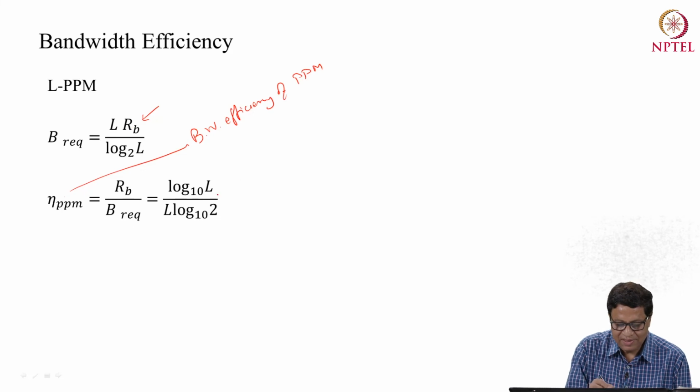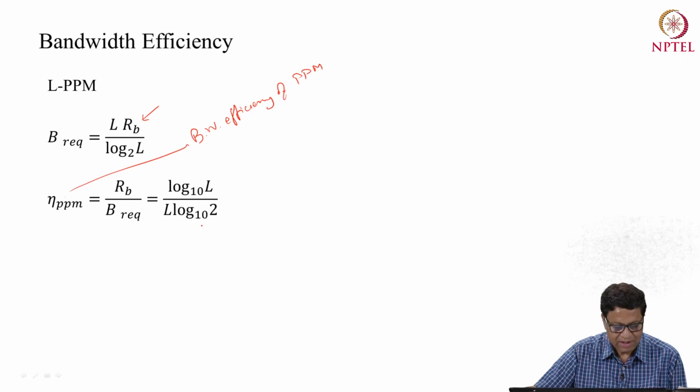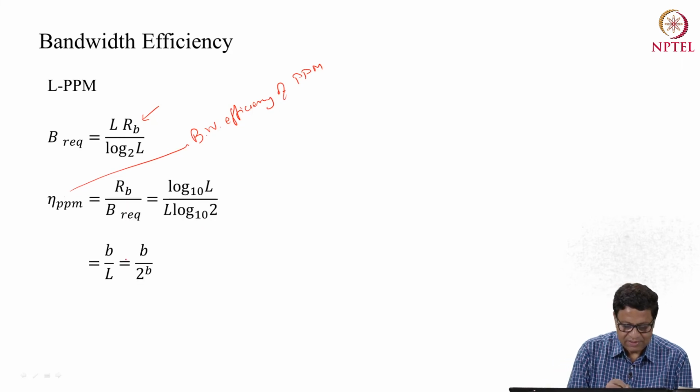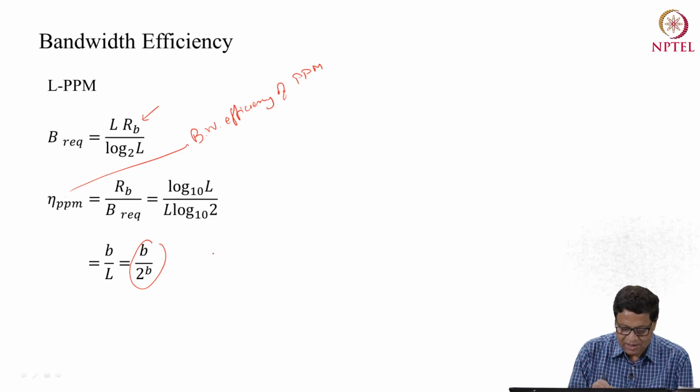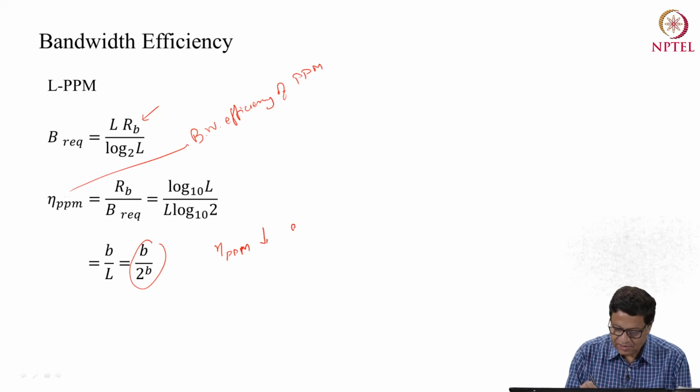So RB will get cancelled, and what we get is log to the base 2 of L divided by L. This can be further simplified, which will be given as B by 2 raised to B. Now, if you see here, eta PPM, that is the bandwidth efficiency of PPM, decreases as B increases.